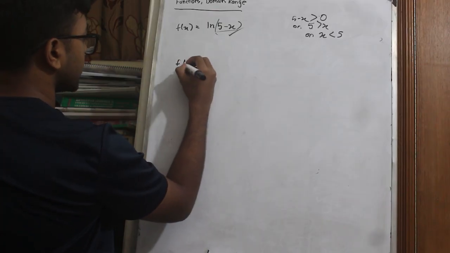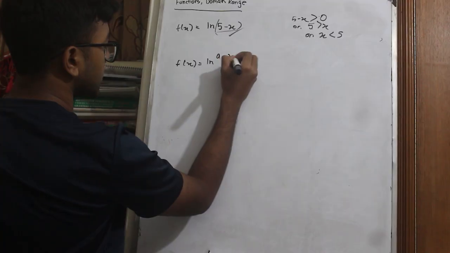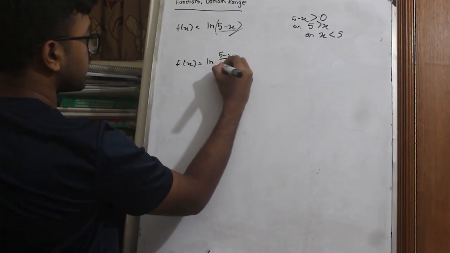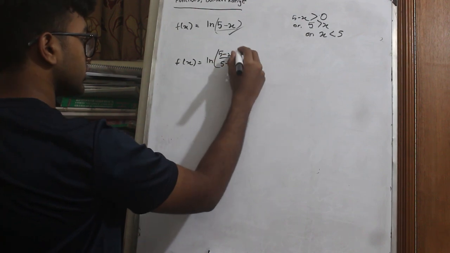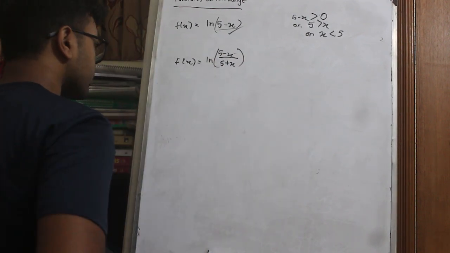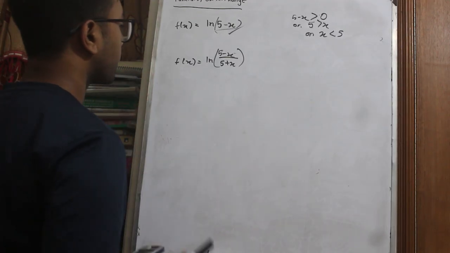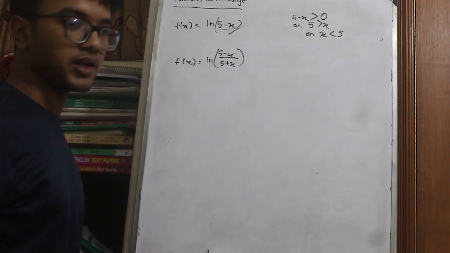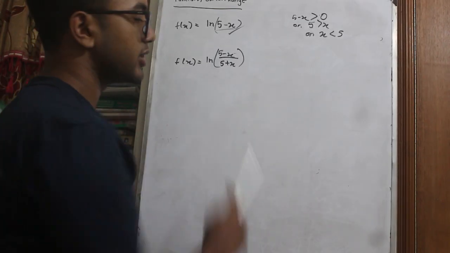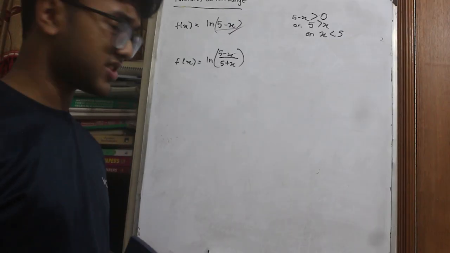And now f of x equals ln of 5 minus x over 5 plus x. I don't want to really figure this out using the very hard way. We learned this in 9.2 of our logarithmic exercise book.